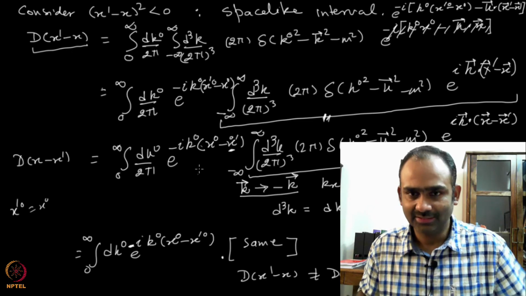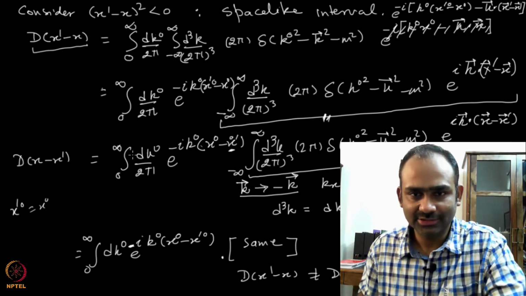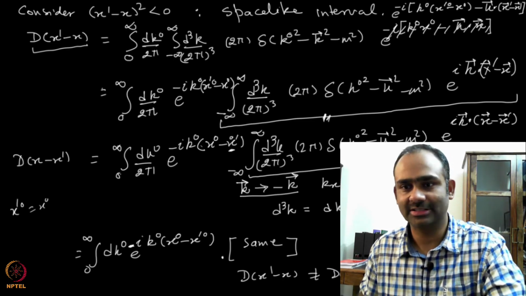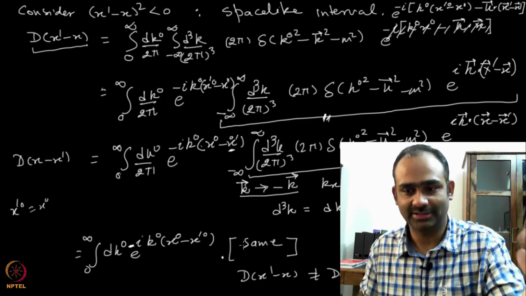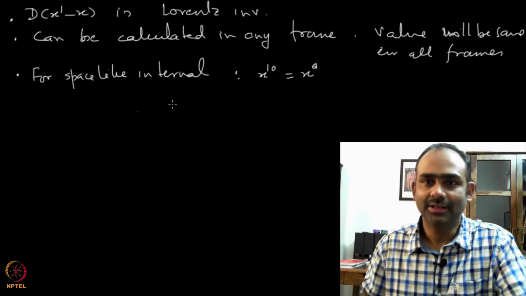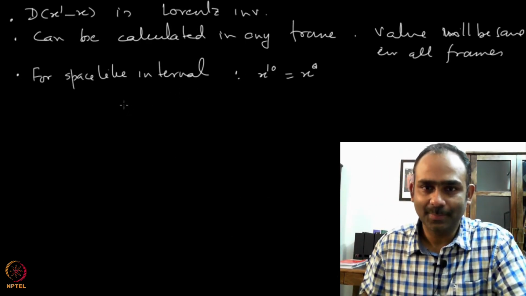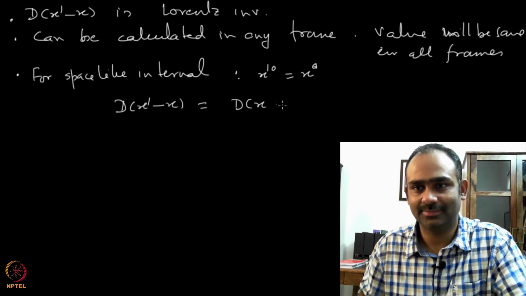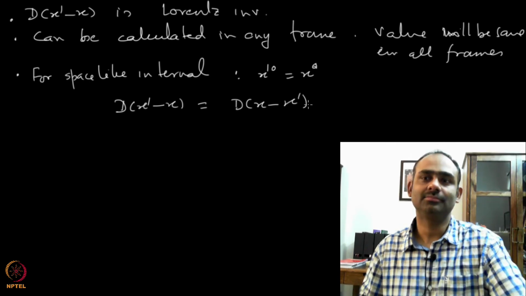So, we get then integral 0 to infinity dk 0 over 2 pi, this is 1, and then you have this piece which is same in both the expressions. So, you see that for space-like interval, dx prime minus x is same as dx minus x prime.